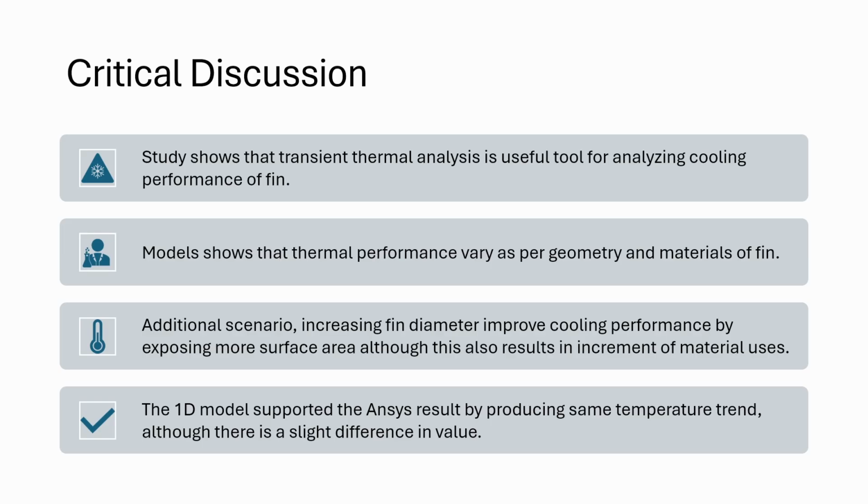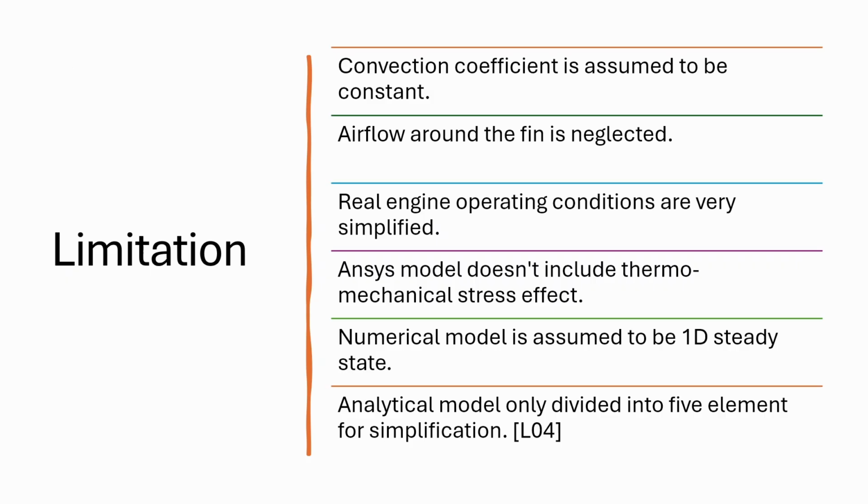Increasing the diameter increases the performance by exposing more surface to the air, but it also increases material, so we need to keep that in mind. The one dimensional analysis supported the ANSYS result, producing the same temperature trend. Even though there is a slight difference in the value, it's almost close.